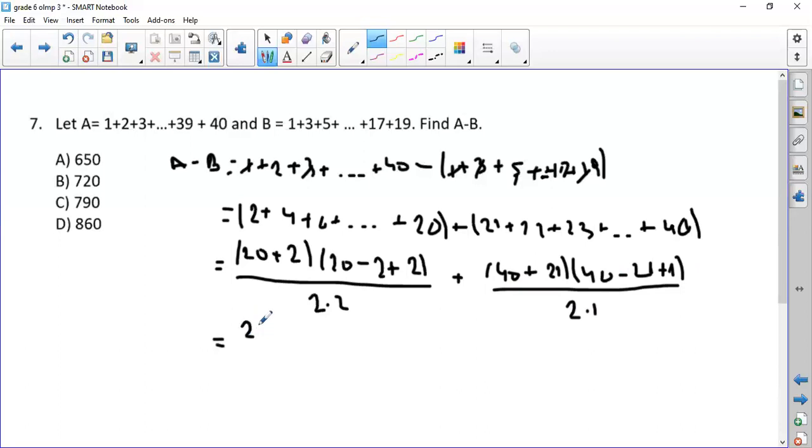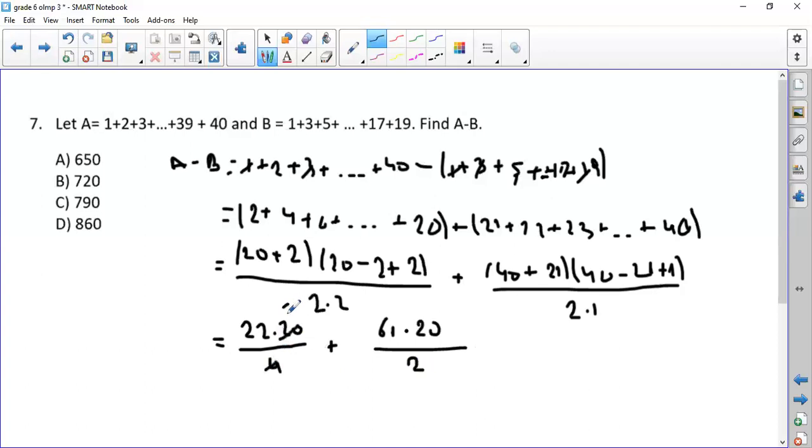I will have 22 times 20 over 4, plus I have 61 times 40 minus 21 plus 1, which will be times 20, over 2. We can simplify 20 with 4.